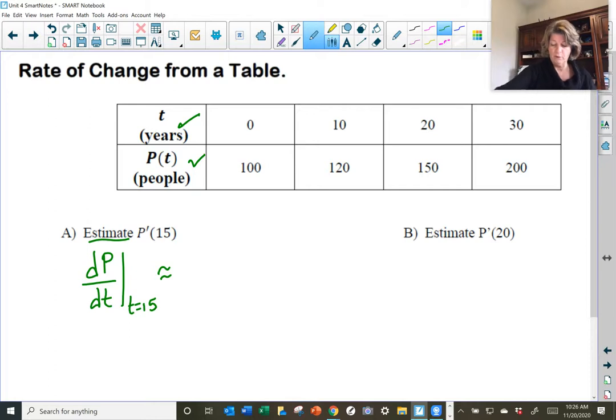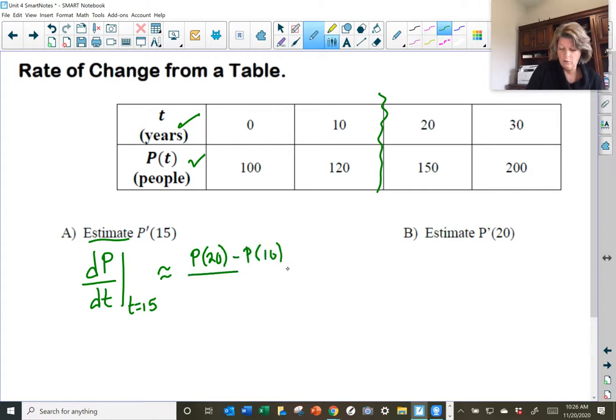You've done these before. So I'm going to take 15, which sits right between 10 and 20. It's a symmetric difference there. So I would have P of 20 minus P of 10 over 20 minus 10. And that would equate to what? 150 minus 120 over 10.